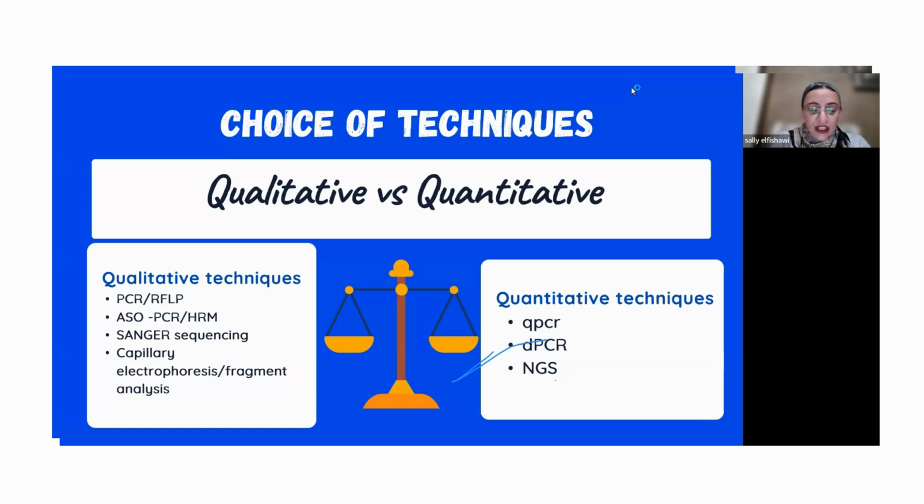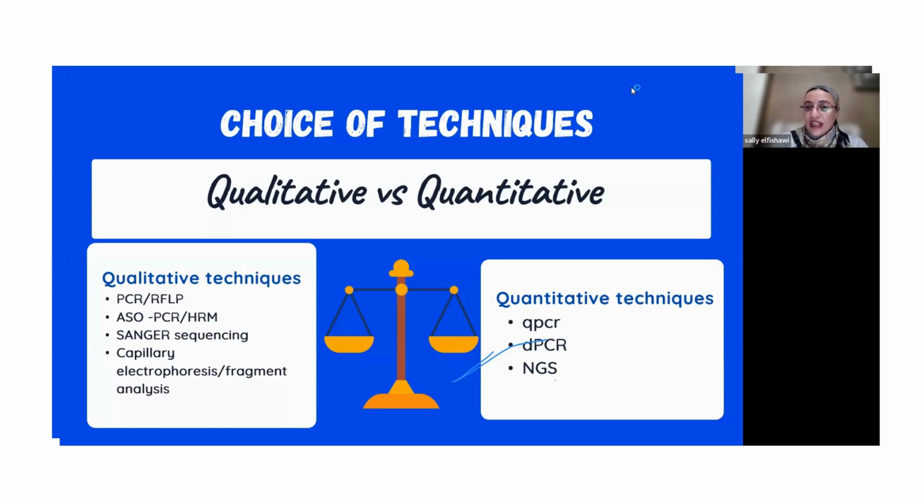So these qualitative techniques are polymerase chain reaction-based techniques with all their modifications, restriction fragment length polymorphism, allele-specific PCR, and Sanger sequencing, and capillary electrophoresis or fragment analysis techniques. All these techniques give us qualitative results.